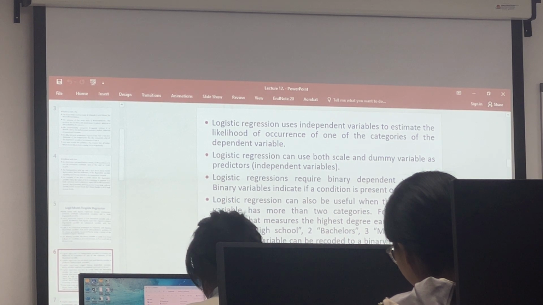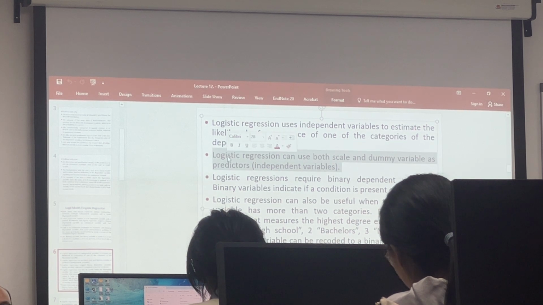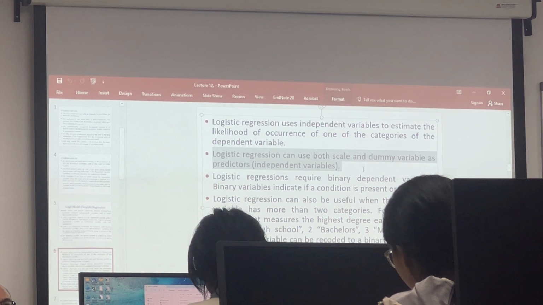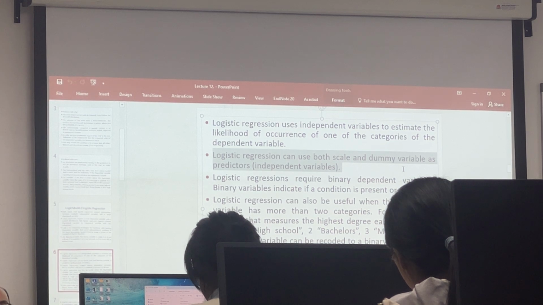So logistic regression can use both scale and dummy variables as predictors. Scale means numerical variables represented by actual numbers. Dummy variable is just 1 and 0.